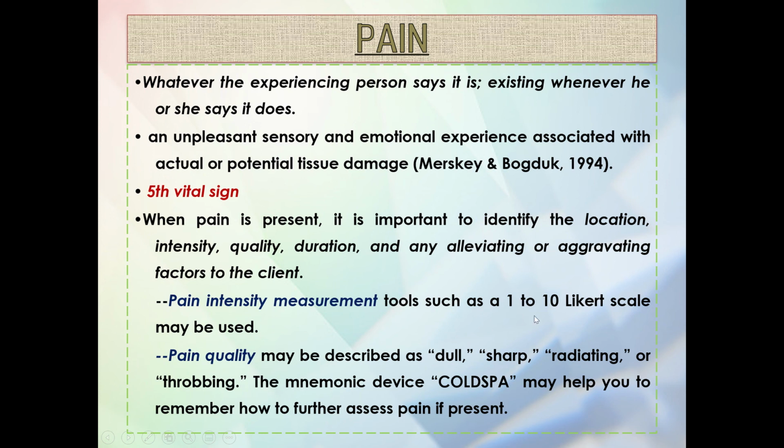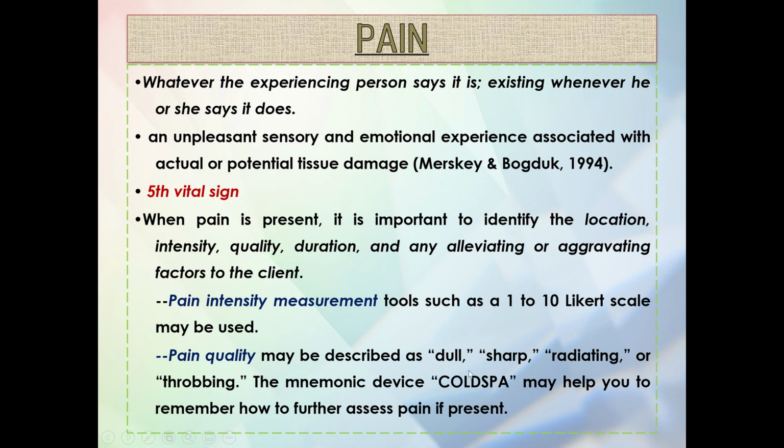Yung 1 to 10 Likert scale wherein we ask the patient gaano po kasakit yung pain. Paki-rate nga po, 1 being the lowest pain and then 10 being the highest, meaning very painful yung 10. So pag sinabi niyang 5, you document that as 5/10 as the pain scale of the patient. So that's the pain intensity.